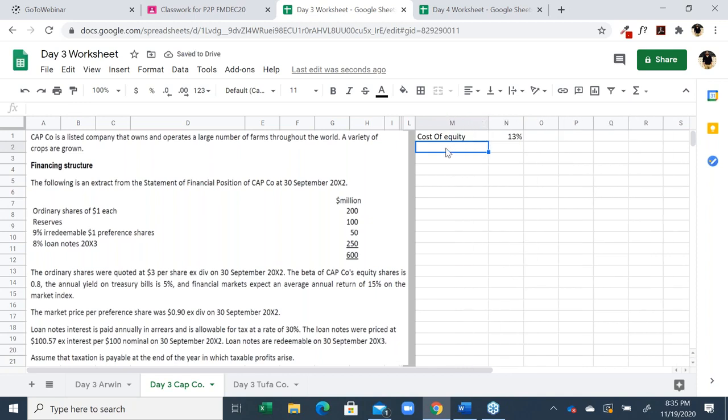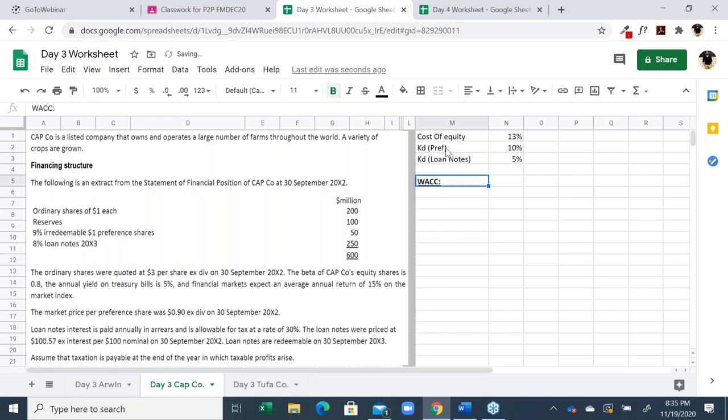Cost of preference shares, 10%, and cost of loan notes, 5%.